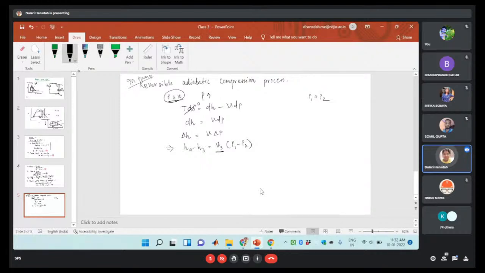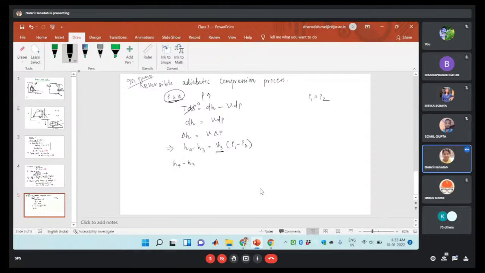In case of the turbine and pump work, if you compare them, the pump work, that compression work, is small as compared to the turbine work. Sometimes we neglect this difference, H4 minus H3.